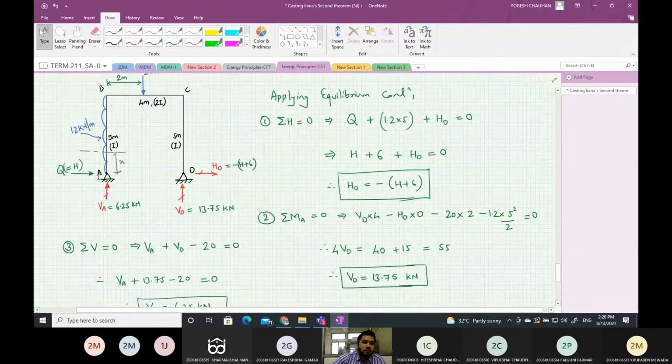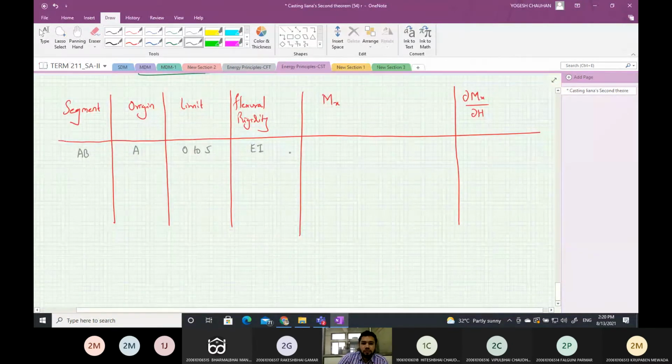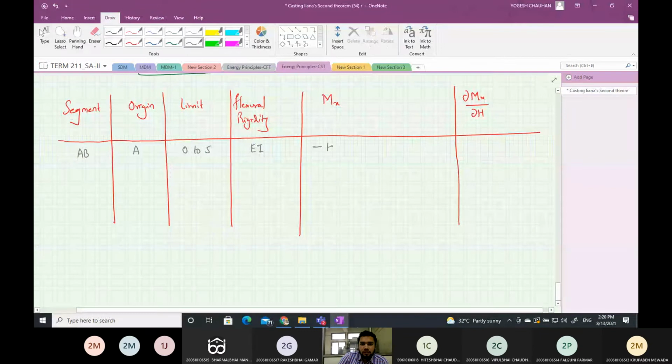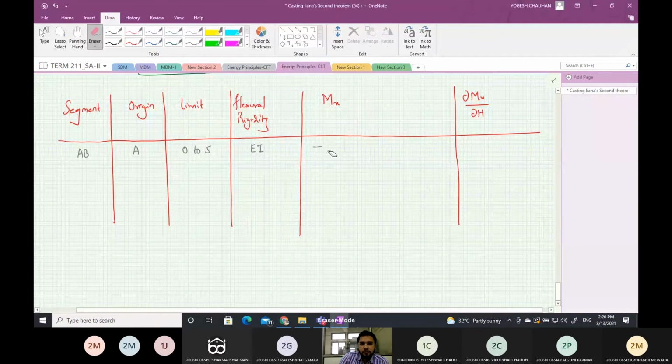Now this h will cause anti-clockwise moment, because this h into x will cause anti-clockwise moment on the left side of this section. So it will be minus, so minus h into x.